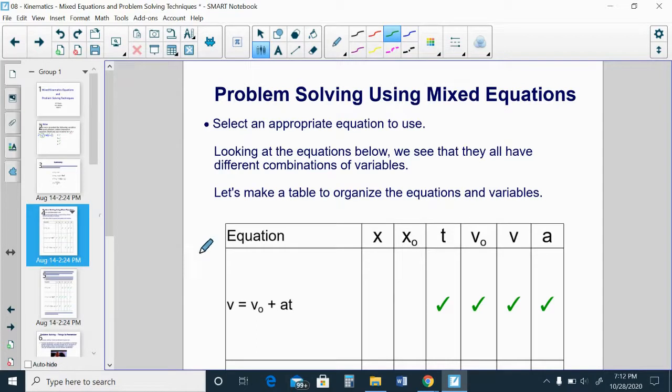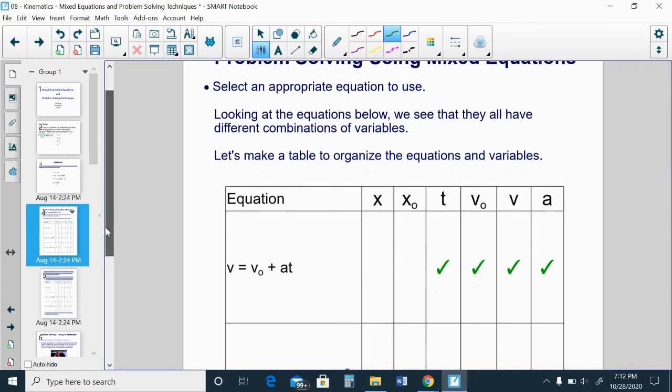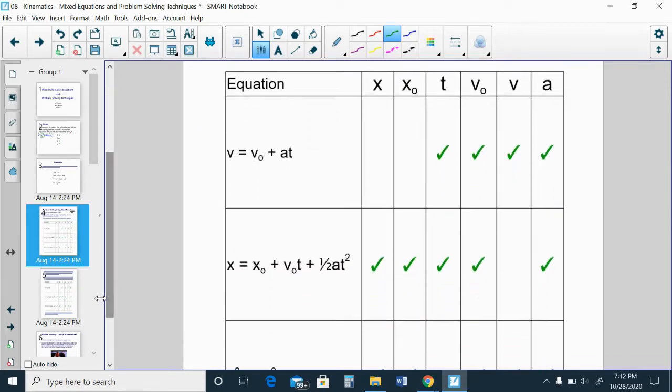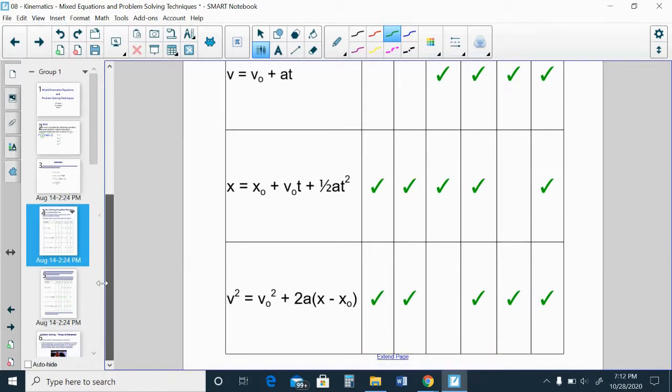You can use it to compare the equations and see what different combinations of variables they have. Here we see the first kinematics equation and the variables included in it, compared to the second kinematics equation, the position time equation, and its variables, and then the third kinematics equation.